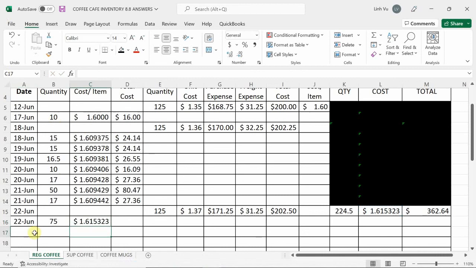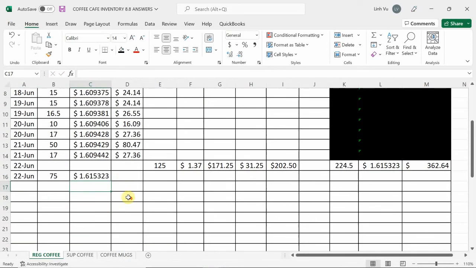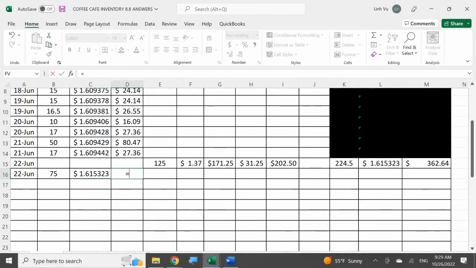So what's my total cost of goods sold here? $121.15.